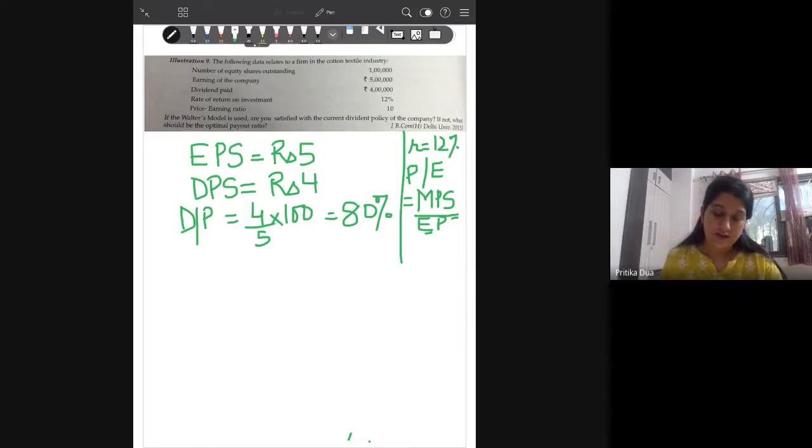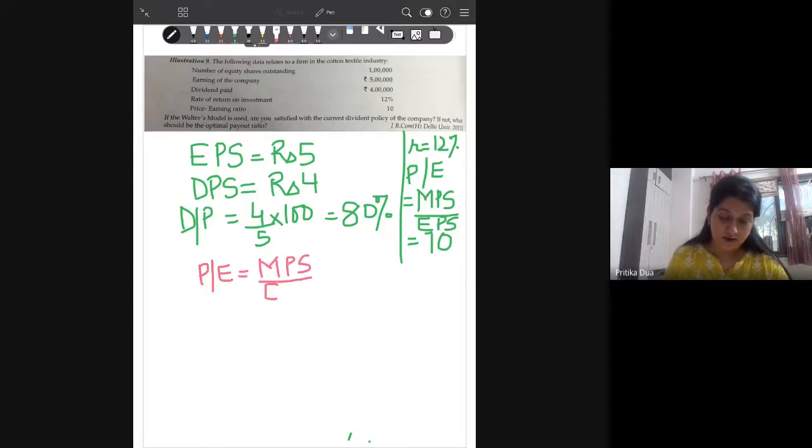So this is 10. Now using both the informations, we can say PE ratio is equal to MPS upon EPS, which means that 10 is equal to MPS upon 5.